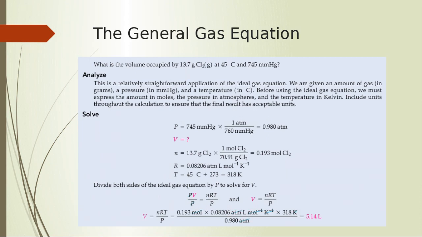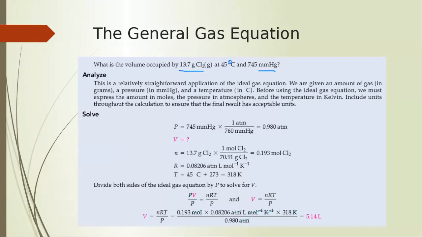The general gas equation. Actually, they give us lots of values. For example, the amount of chlorine gas is 13.7 gram, the temperature is 45 Celsius degree, and the pressure is 745 millimeter mercury.